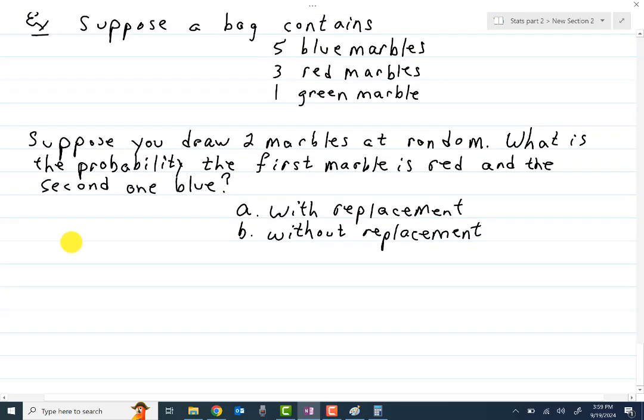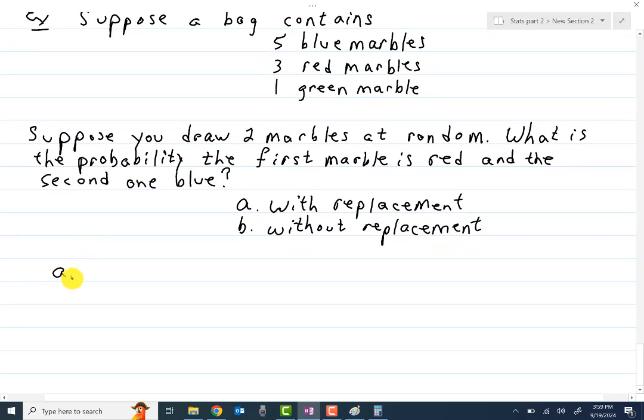So start with part A. We want the first marble, so I'm going to do it this way. Probability, and so the first marble is red and the second marble is blue. So I want an RB is what I'm looking for.